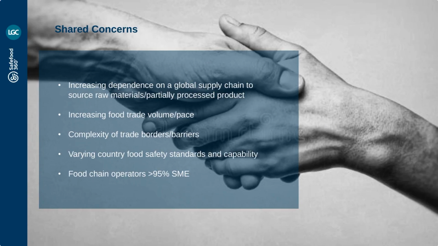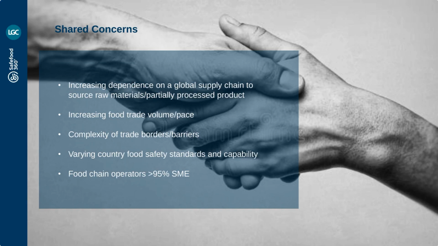There's an increasing dependence on the global supply chain, as I mentioned a few slides ago. Really, we're sourcing our products from many foreign suppliers, and in our food manufacturing, the procurement of those ingredients, we're relying heavily on foreign suppliers.